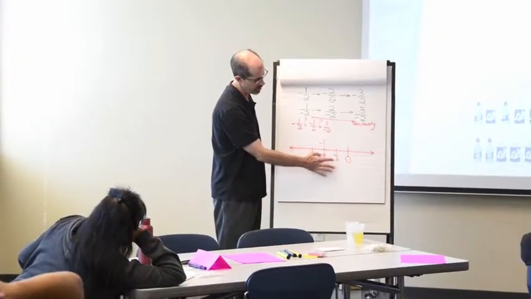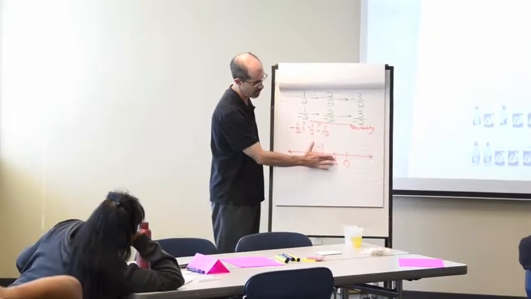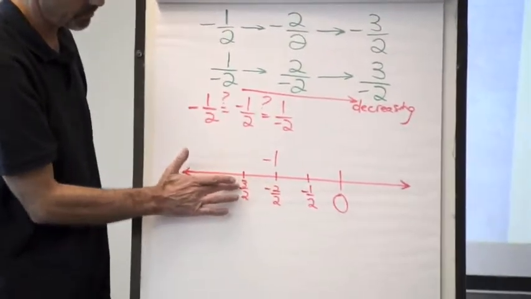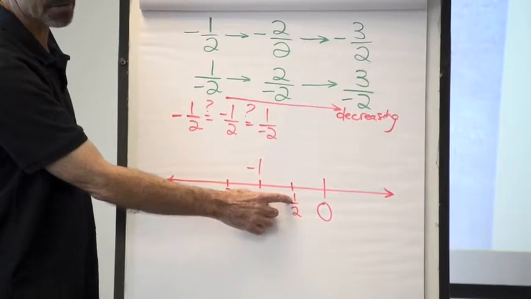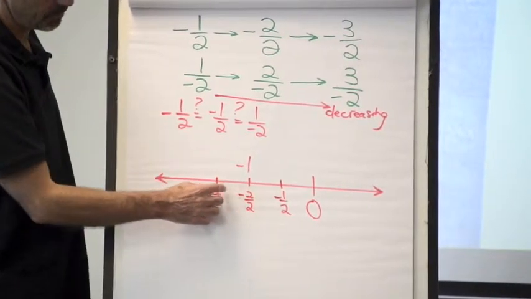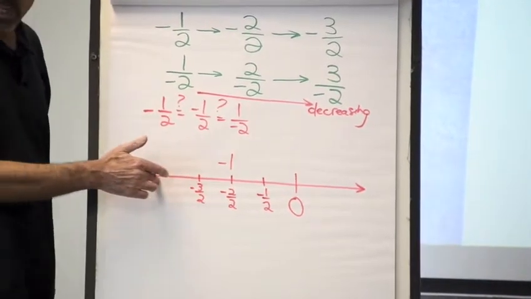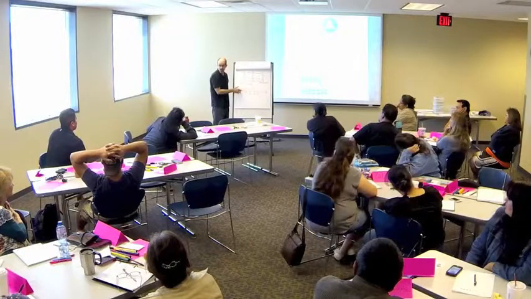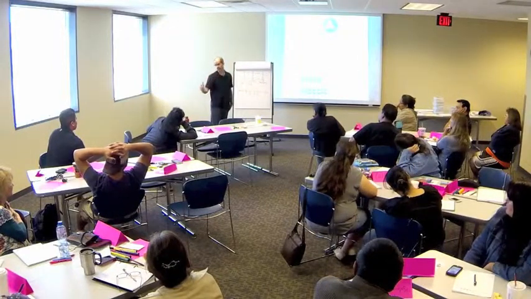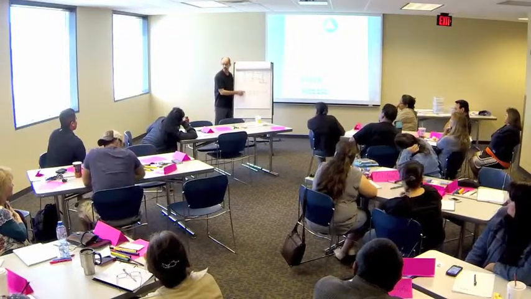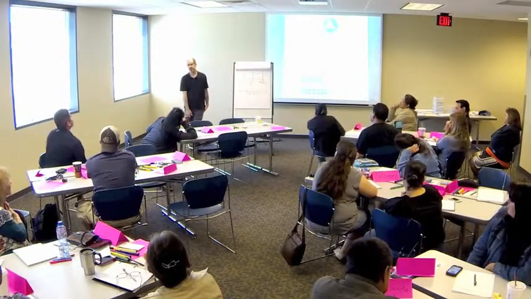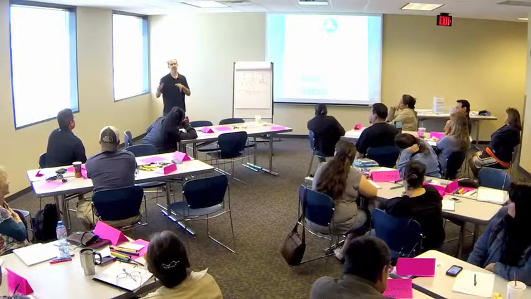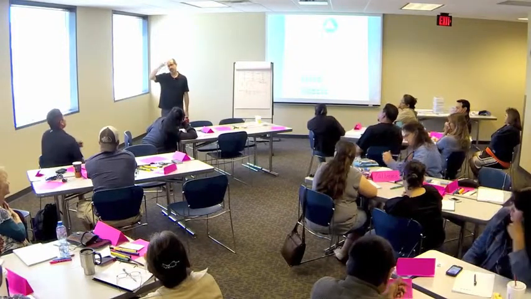If we cover up the negative signs, we have a half, and two halves, and 3 halves. As the numerator, without the negative sign, gets bigger, it's moving to the left. So there's a pattern there. By using improper fractions, we saw that. If we used mixed numbers, we wouldn't have seen that. I don't know if that addresses what you just brought up, but it's a pattern.